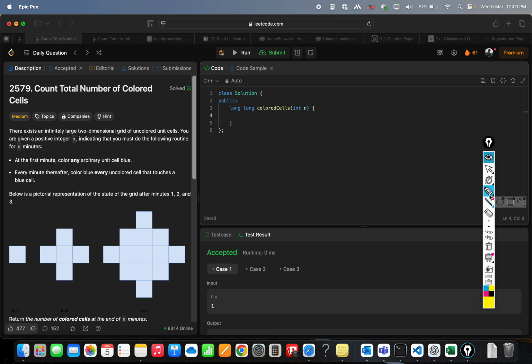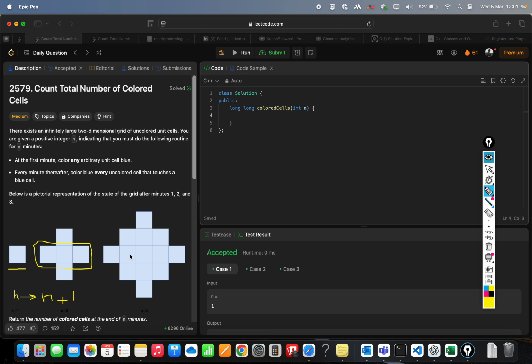As you can see, whenever we are traveling from n to n plus 1, what we have to do? We have a width.